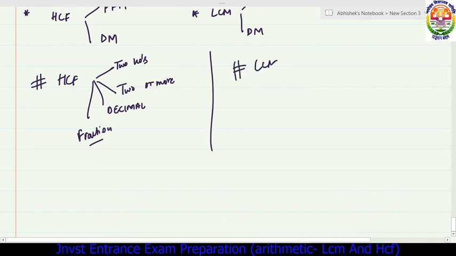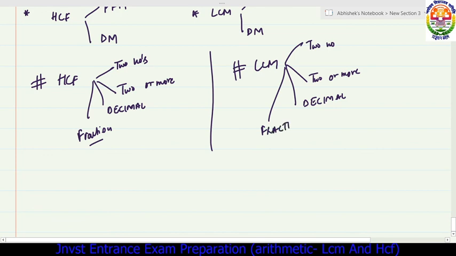In LCM, we learned the LCM of two numbers, LCM of two or more numbers, LCM of decimals, and LCM of fractions. So now we will complete the end of LCM and HCF.